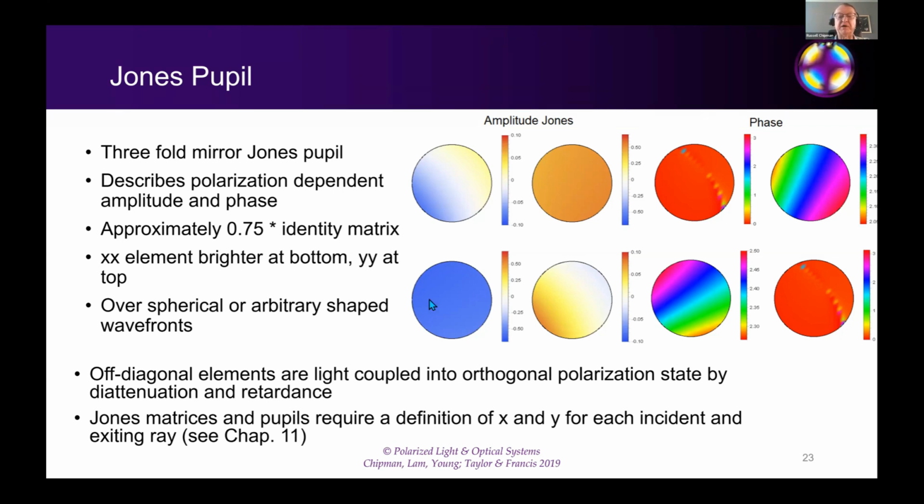And by multiplying on a ray by ray basis that incident polarization state by its Jones matrix, I can get the exiting polarization, which will have X and Y components in amplitude and phase. And this will tell me how the exit pupil will be apodized for different polarization states. And this will tell me how the phase changes for different polarization states in the exit pupil. So these would be contributions to the interferograms that I would measure for the optical system.